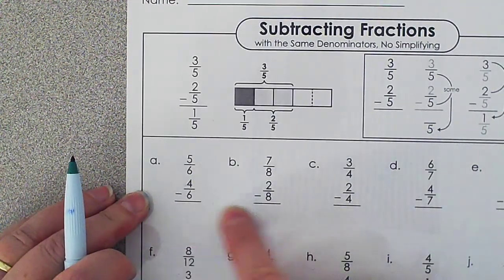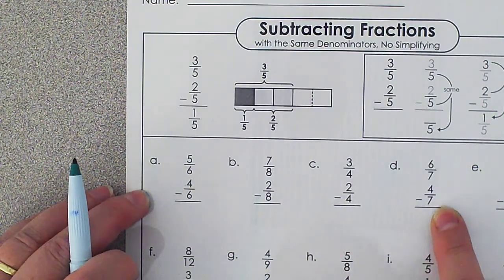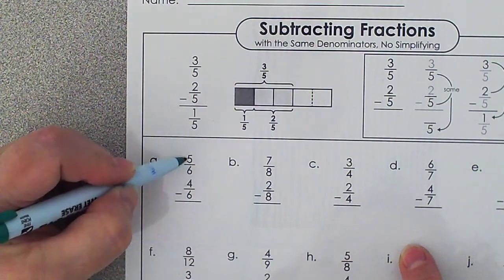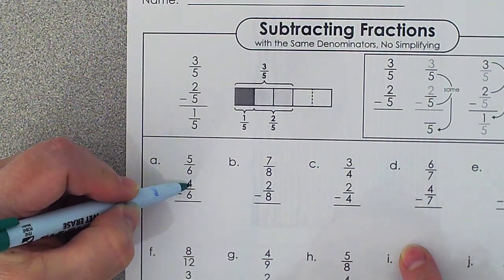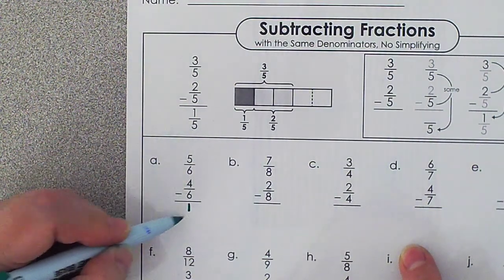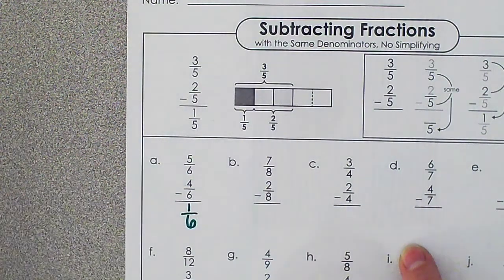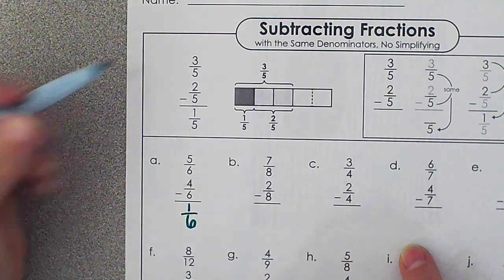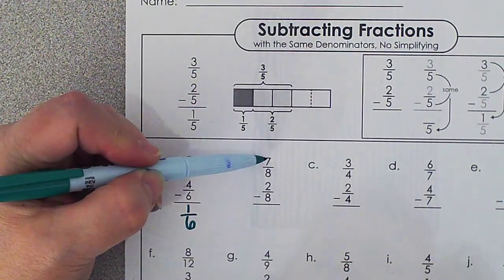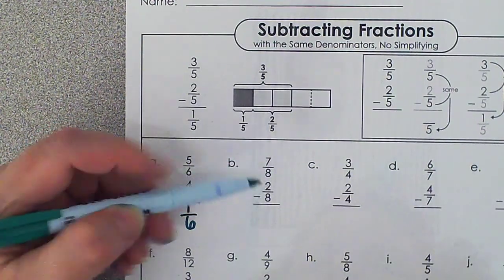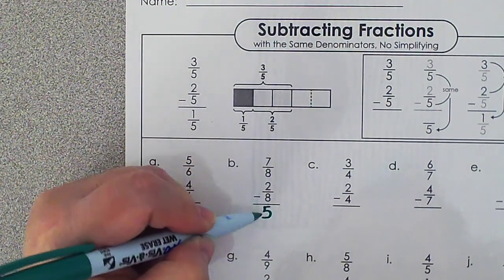Let's try these first 4 problems together. 5/6 minus 4/6. 5 minus 4 is 1. My denominator does not change, so my difference is 1/6. 7/8 minus 2/8. 7 minus 2 is 5.